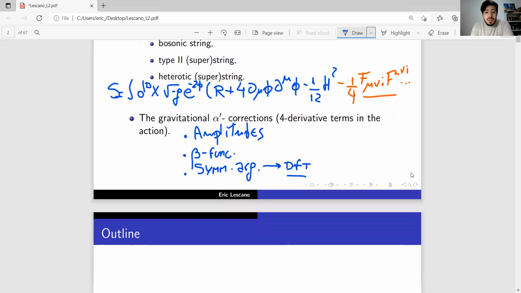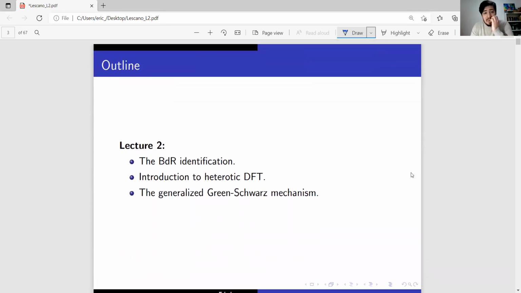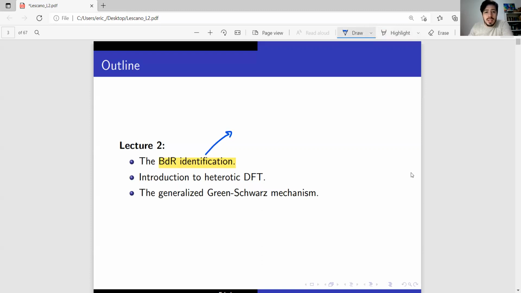So let me review some things about this Bergshoeff-de Roo identification. I am going to review some aspects of the previous lecture so that you recall the kind of terms. We have to think of this identification as an alternative method to obtain alpha prime corrections.